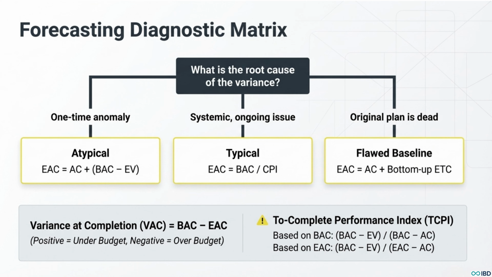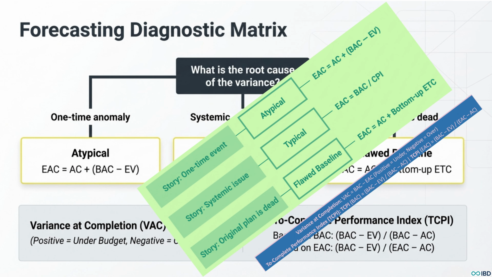But if that problem is systemic, if it's a nagging issue that's probably going to continue, you've got to be honest and use the typical formula, which assumes the future will look a lot like the past. And then, of course, if the whole original plan is just wrong, well, you've got to start from scratch with a brand new bottom-up estimate. See? Choosing the right formula isn't just about plugging in numbers, it's about exercising real project management judgment.